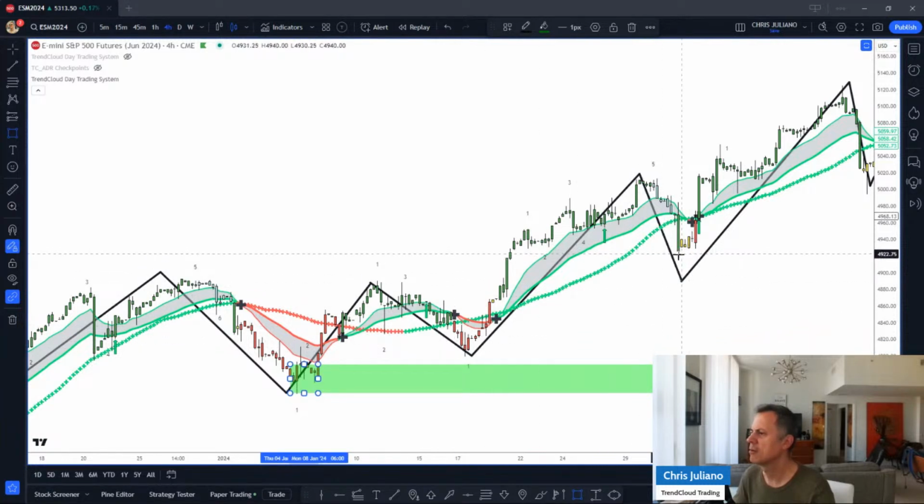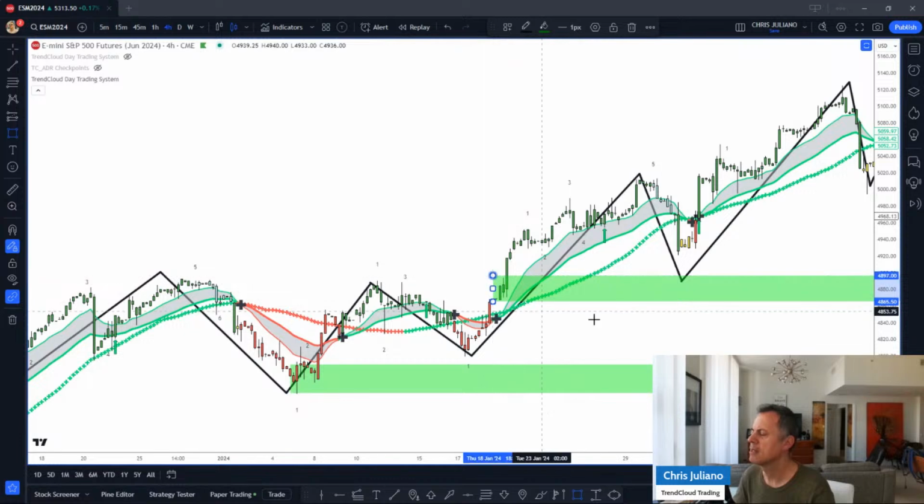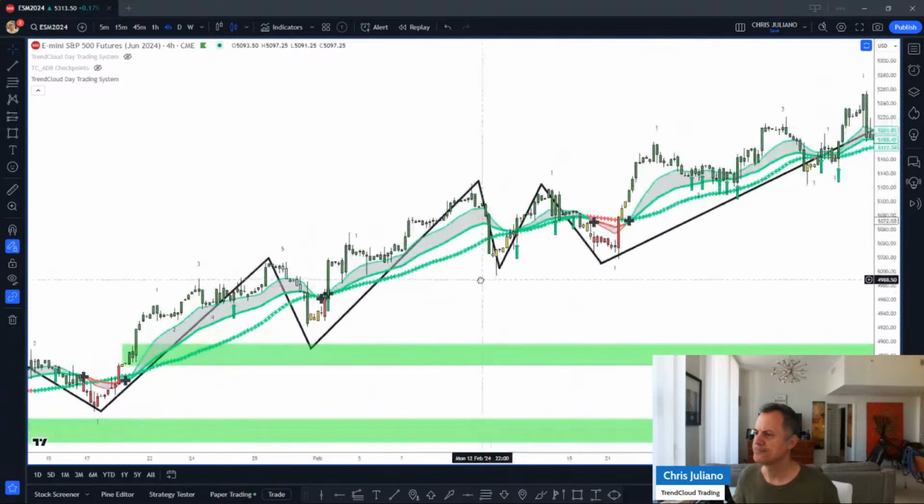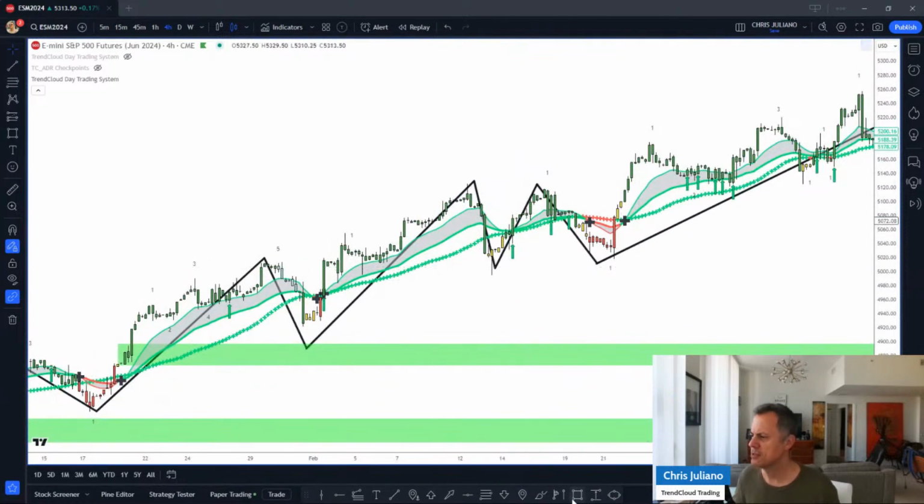How about here? Again, not really pulling back, right? It's not really pulling back to the demand zones. Doesn't always do it.